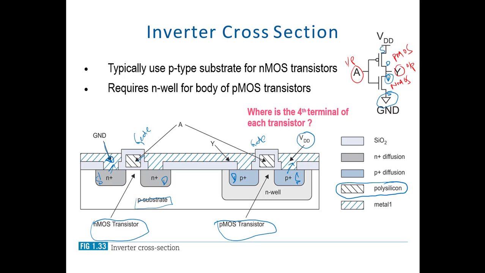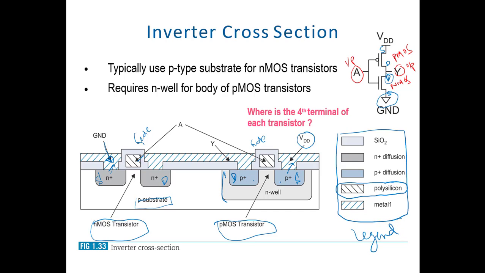For different materials we have this sort of legend which explains which terminal uses which kind of material. So we have N plus diffusion, we have P plus diffusion, which are these. And we have this N well.